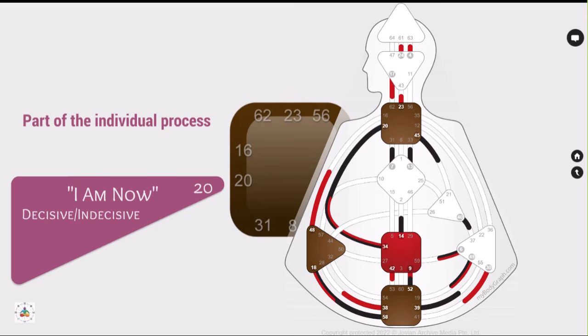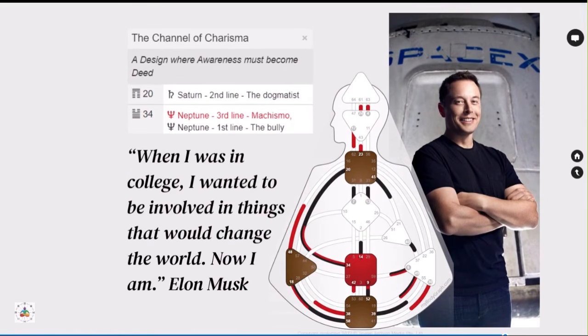Okay? Let me see what the chat is saying. You have 3 of those I know, and the electromagnetic to the 4th through inconsistent definition. Okay, here's the channel of charisma. A design where awareness, back in the day, Ra would say thoughts must become deeds.